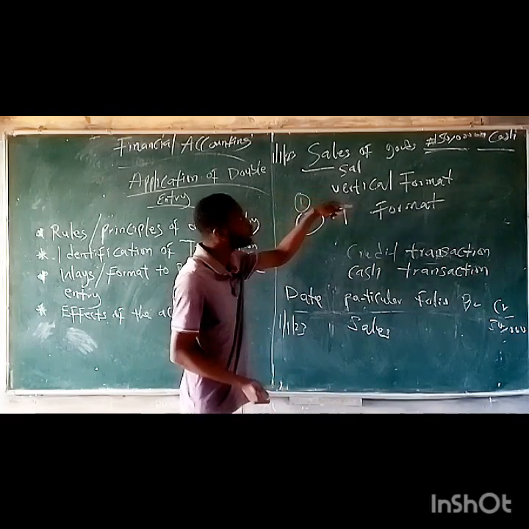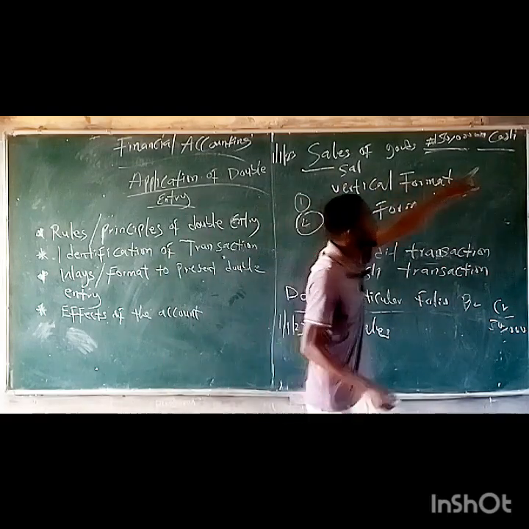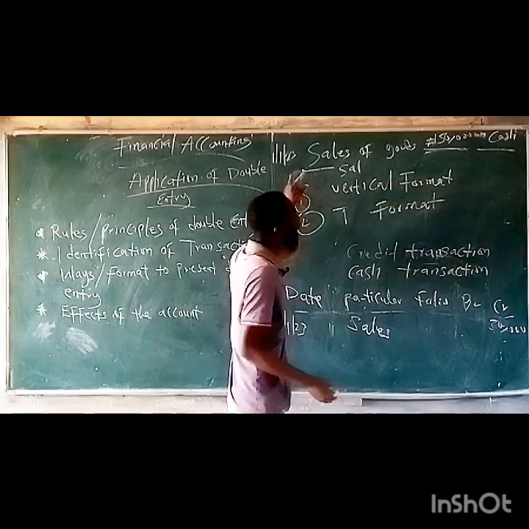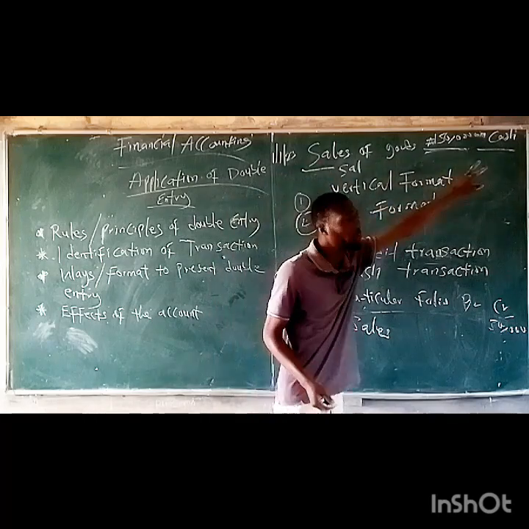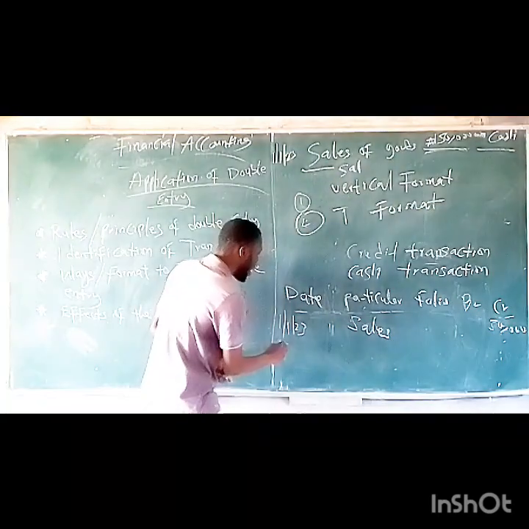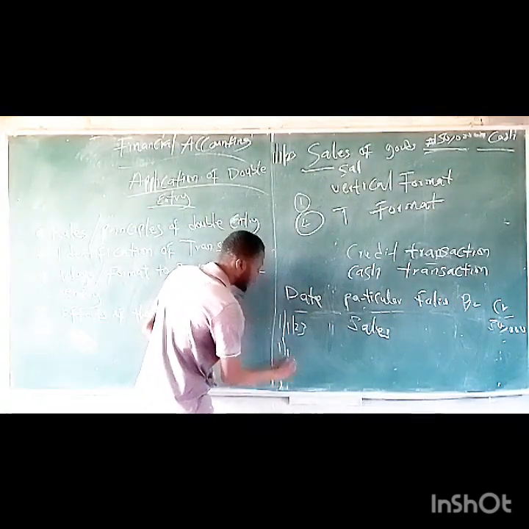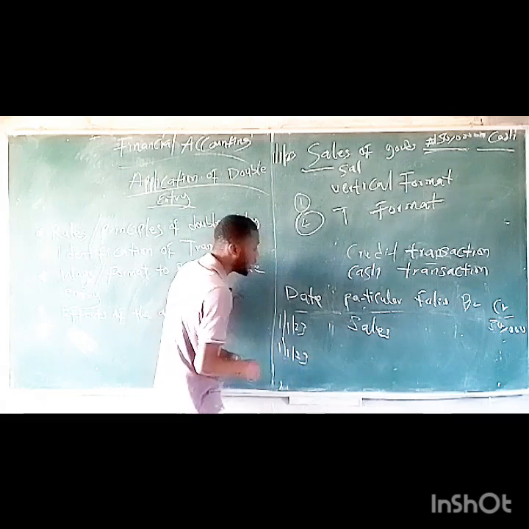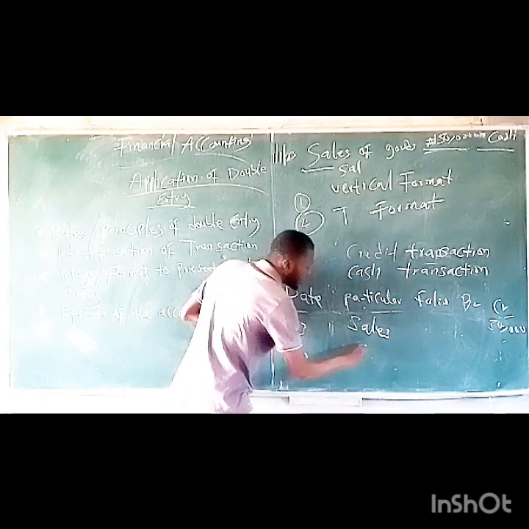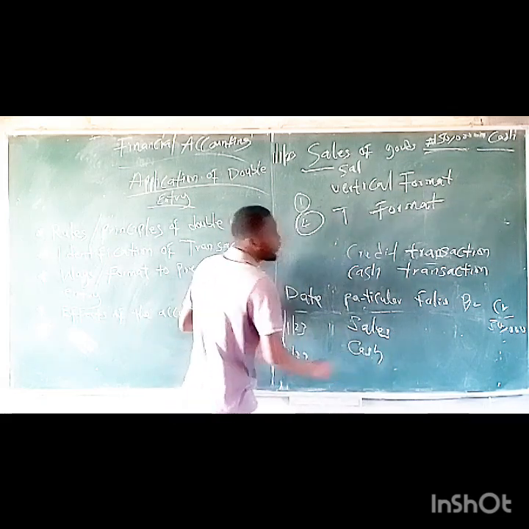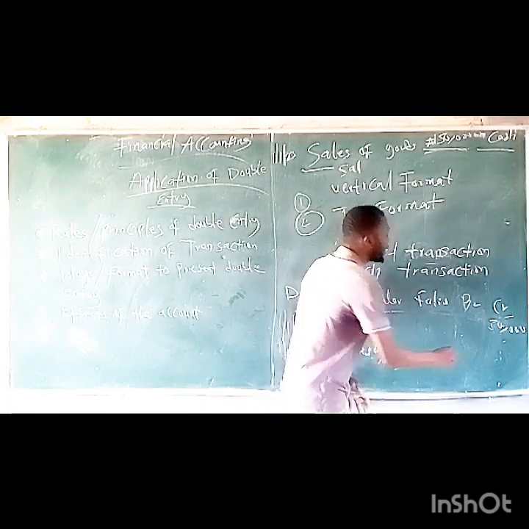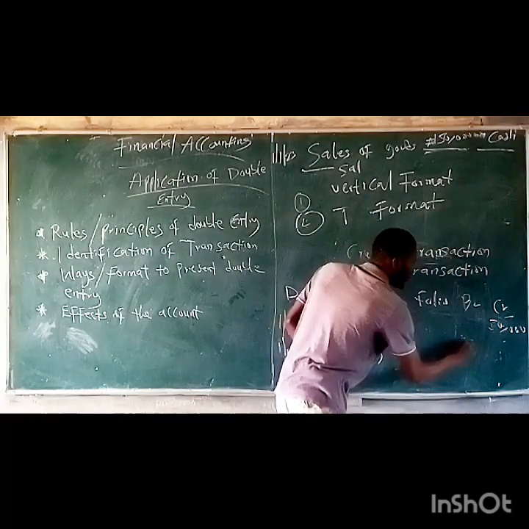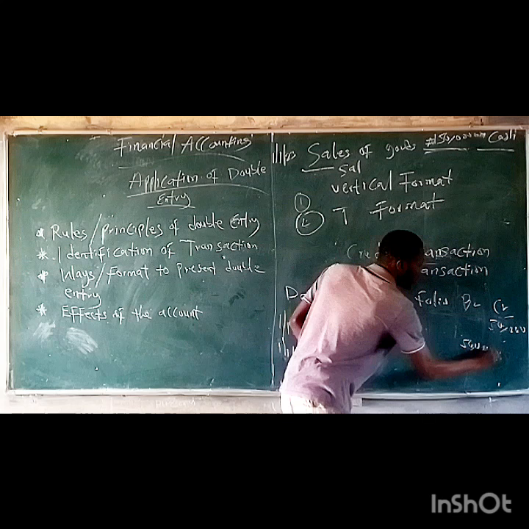Then the corresponding entry is that of the cash, because I said earlier that the two accounts there are the sales and the cash. So the next thing we write is the same date where the transaction takes place. Cash in terms of the particular. Then it should be on the debit side, same value, 50,000 naira.